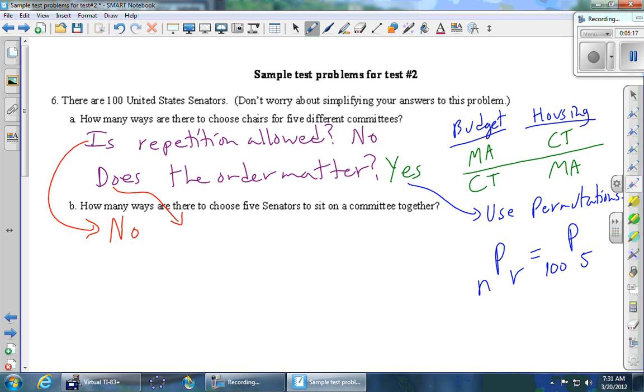And if, for example, you were to choose the Massachusetts senator to be on the committee first, and then the Connecticut senator, versus picking them in a different order, if the Connecticut senator is on the committee first, and then the Massachusetts senator, well, if you show me these two committees, I would say those are the same committee.